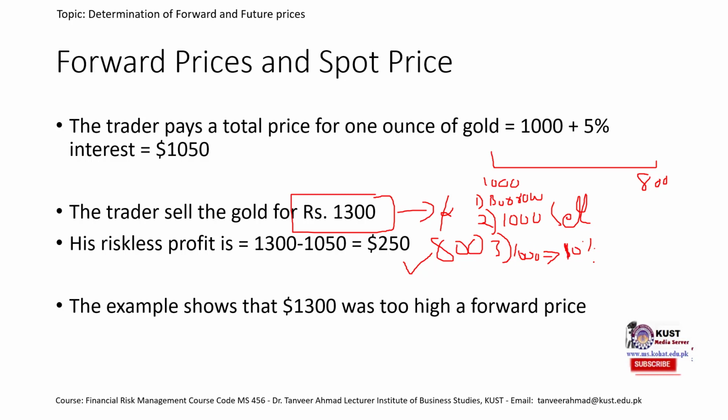So deposit it in the bank to earn 10% interest for, say, 1 year. Also at this time period, he would enter into a long forward contract, which, if you remember, is the contract to buy the asset. So a long forward contract to buy the asset after 1 year at 800, because we have assumed the forward price is 800. So at expiration after 1 year, he would materialize this forward contract and buy the asset for 800 rupees.